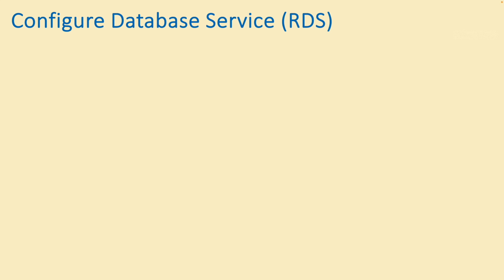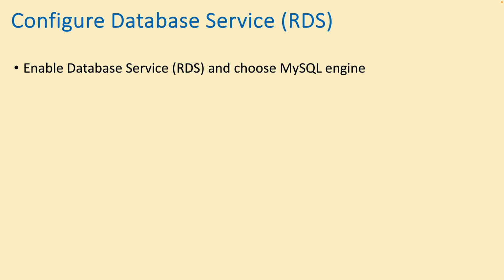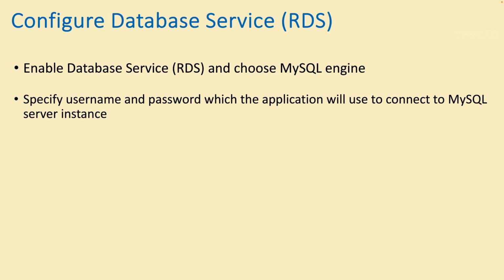AWS offers the Relational Database Service, or RDS, that allows developers to configure databases easily. So we need to enable the database service RDS, choose the MySQL engine, and specify the username and password which the application will use to connect to the MySQL server instance.